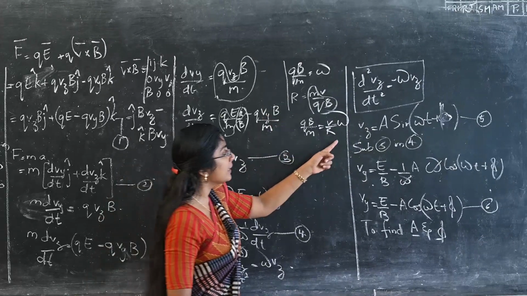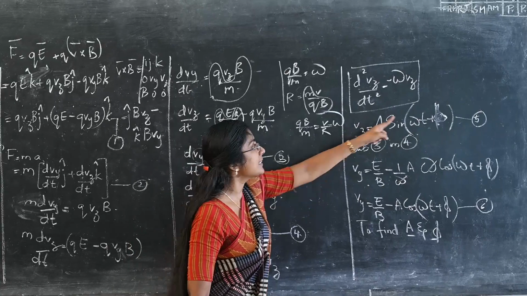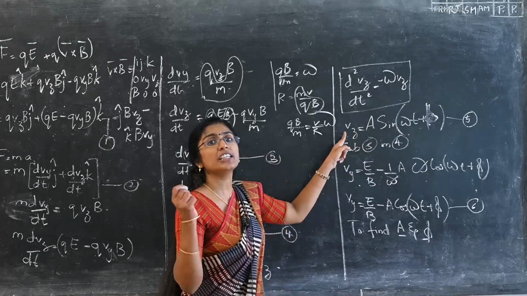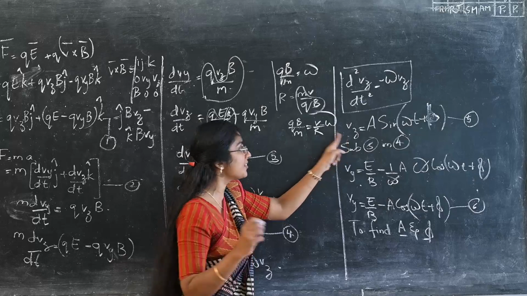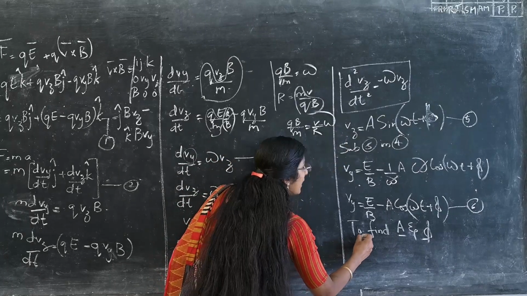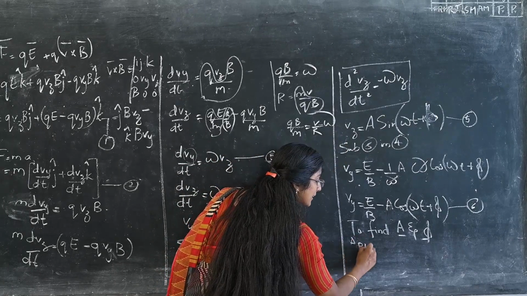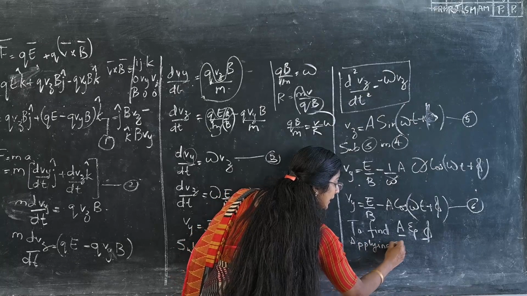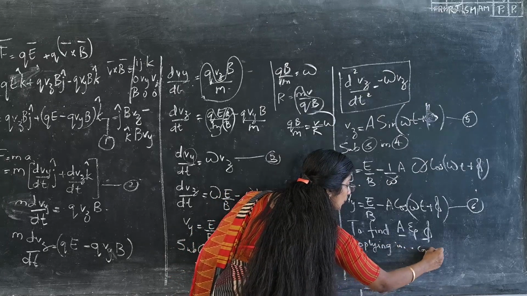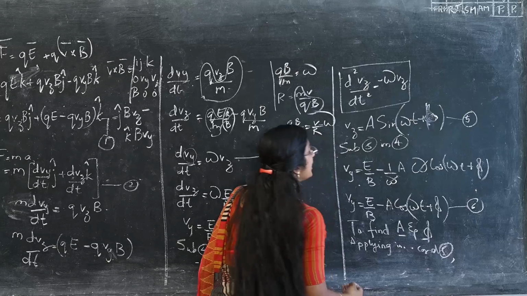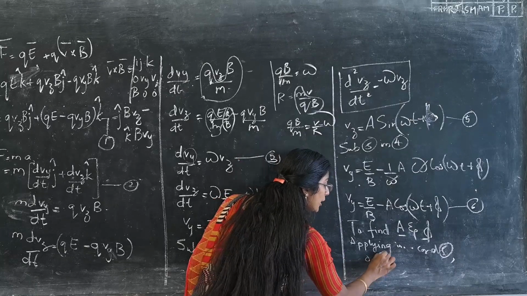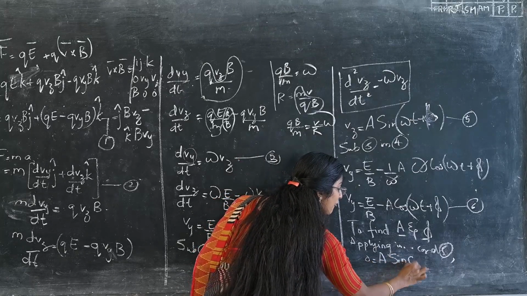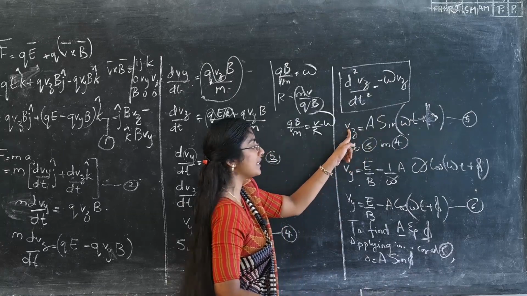First I will apply it to Vz, that is at t equal to 0, the velocity of my particle is 0, the particle is at rest. Applying the initial conditions to equation 5, I get 0 equal to A sin phi, because omega t will vanish, Vz will vanish.